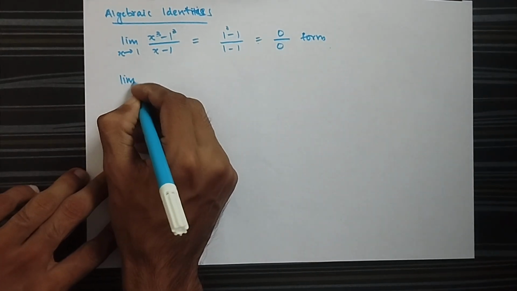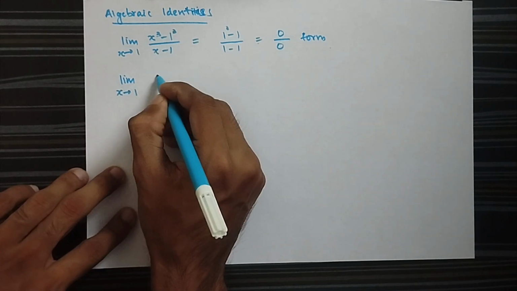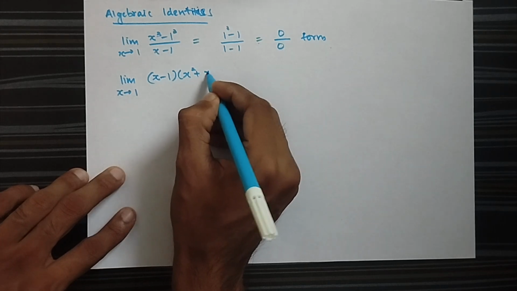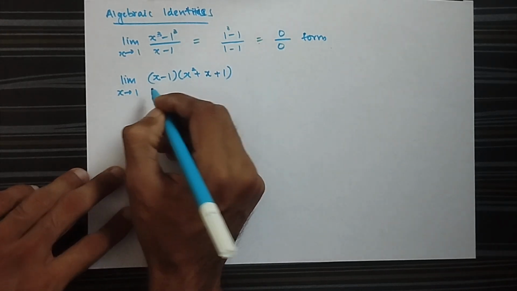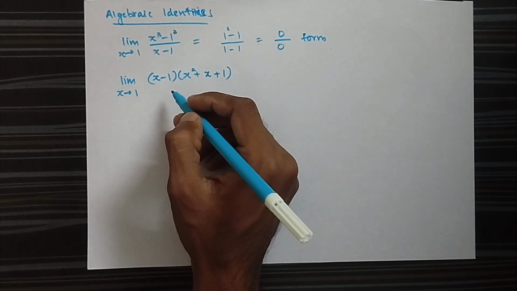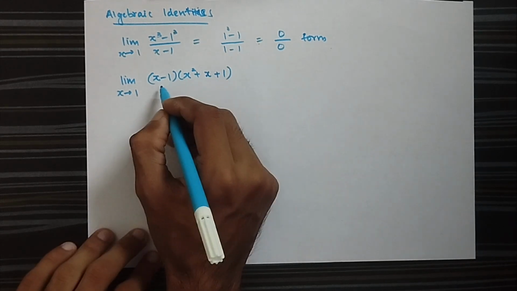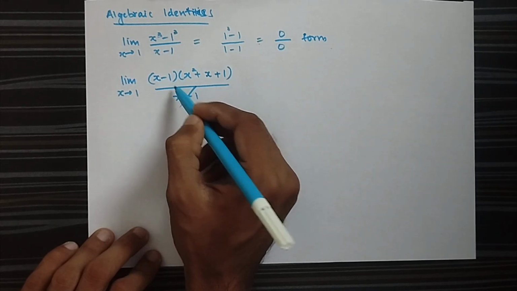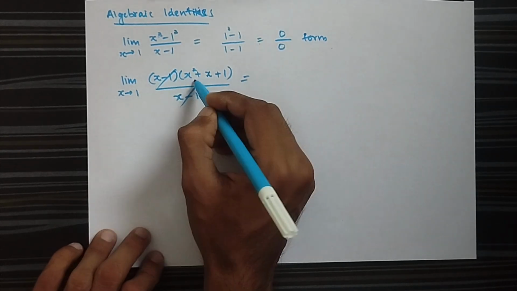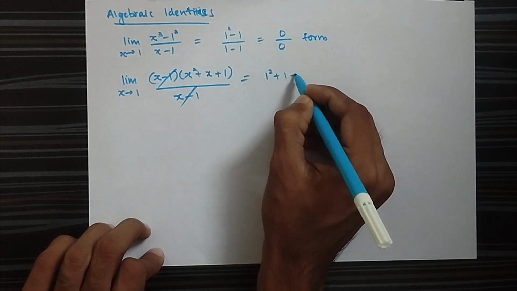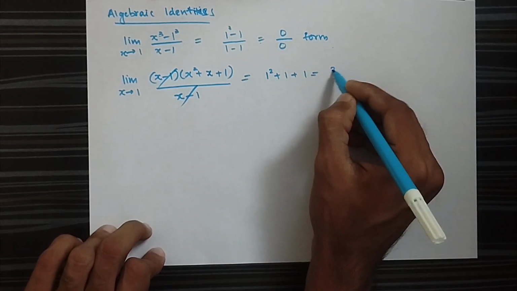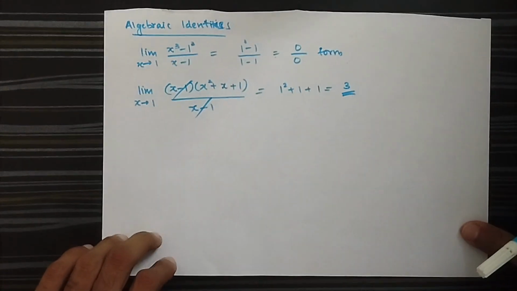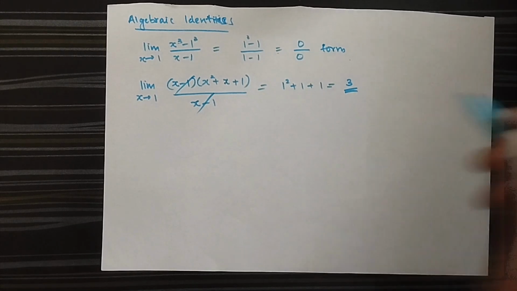So we can rewrite it as the limit as x tends to 1 of (x minus 1) into (x square plus x plus 1) divided by (x minus 1). You can see these two perfectly cancel out each other, and during direct substitution, 1 square plus 1 plus 1 is equal to 3. So our answer would be 3. So we have to know all the algebraic identities if we have to apply this with ease.